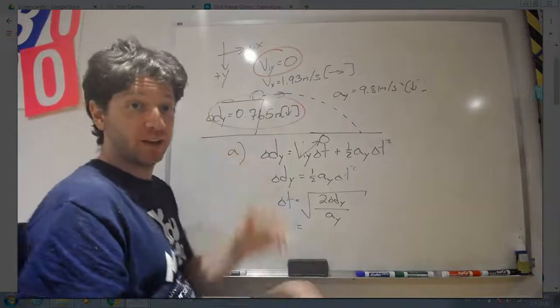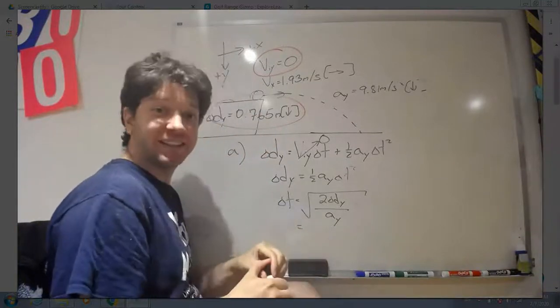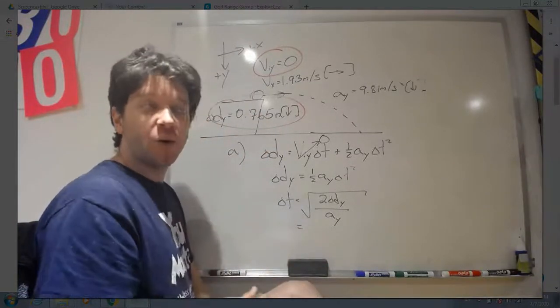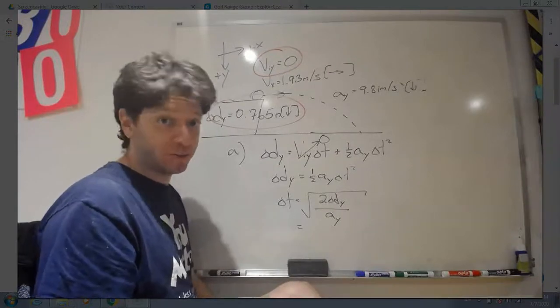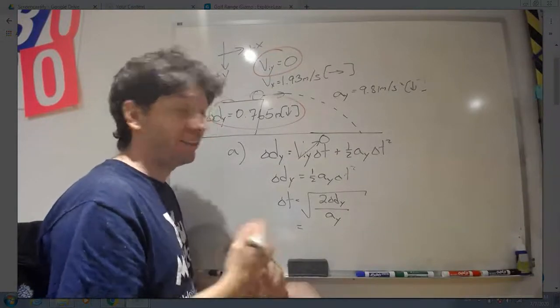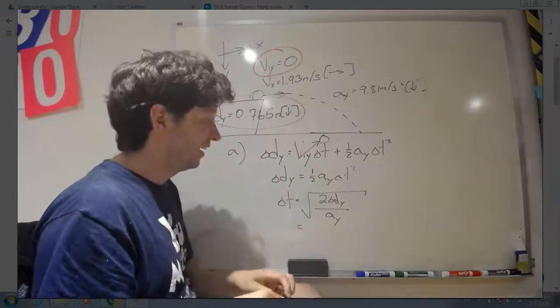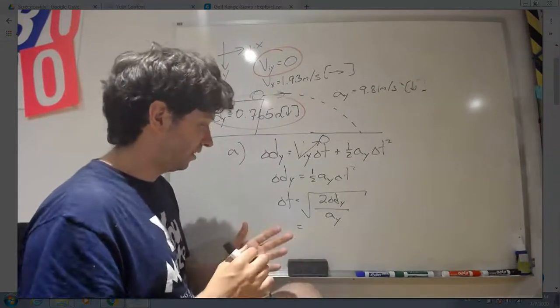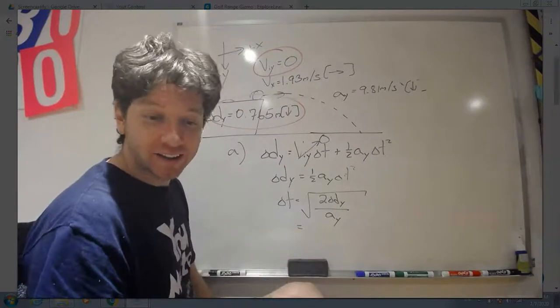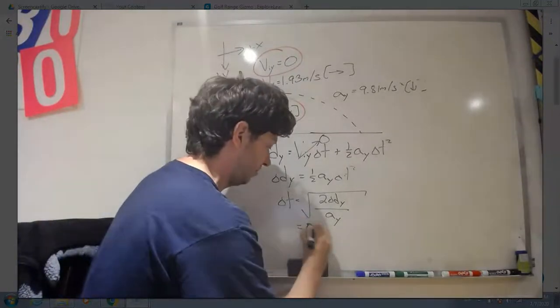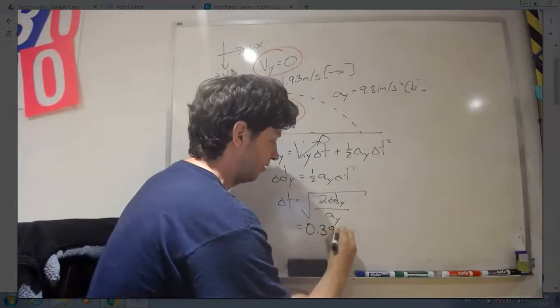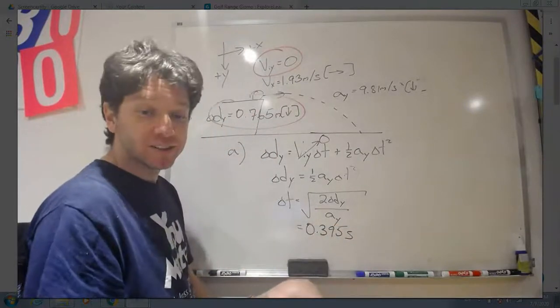Gravity isn't always immediately negative. You decide what direction is going to be positive and what direction is going to be negative, and then you need to stay consistent with that throughout the whole problem. Don't change it halfway through. So we plug in those values and you'll get 0.395 seconds. So there's part A.